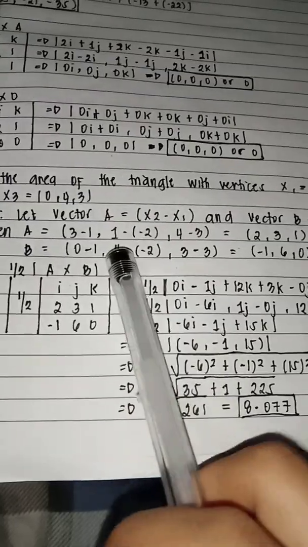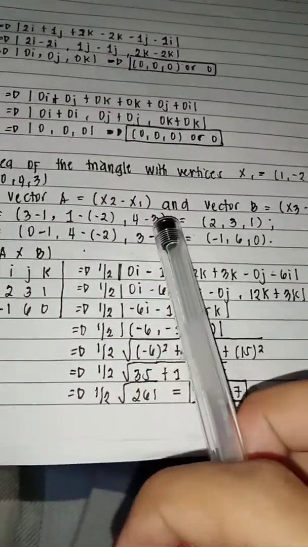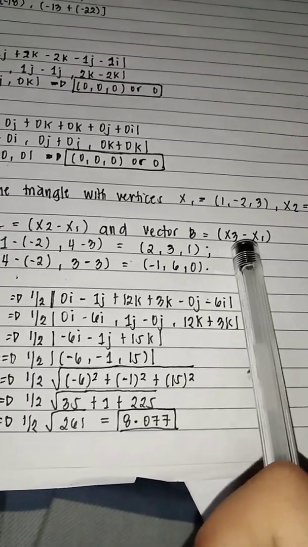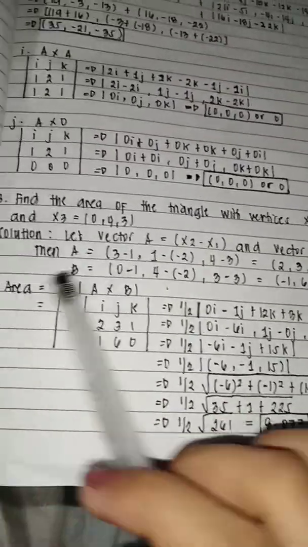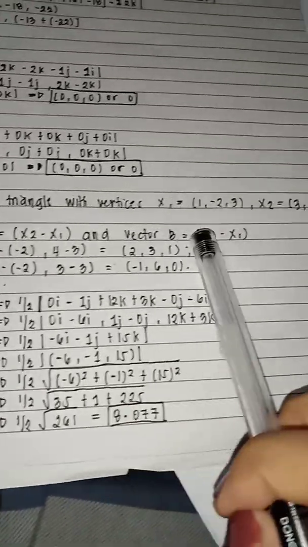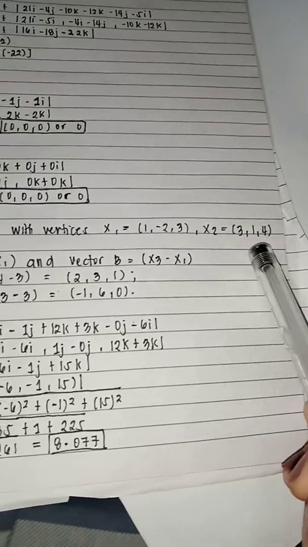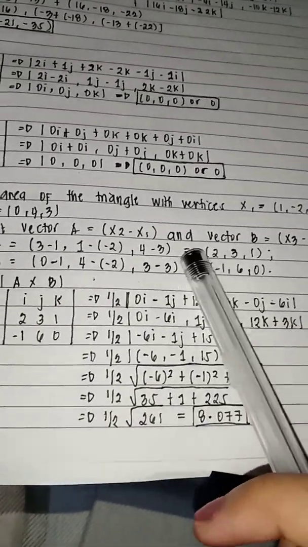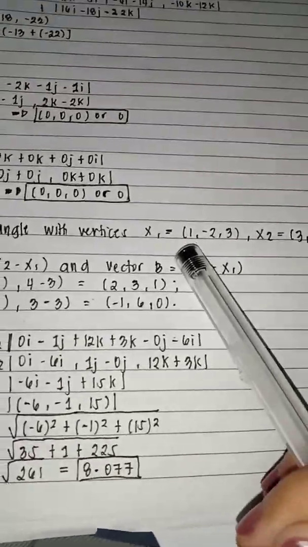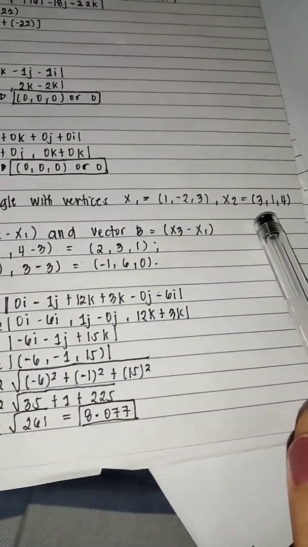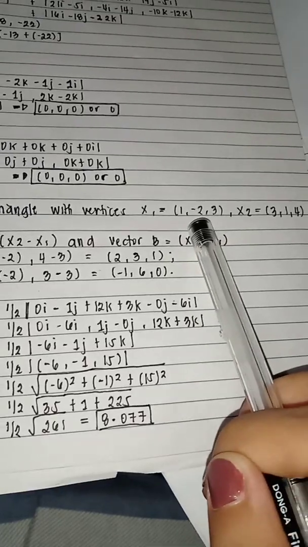let vector A be x sub 2 minus x sub 1, and let vector B be x sub 3 minus x sub 1. Since our value of x sub 2 is 3, 1, 4, we will subtract the value of x sub 1, which is 1, negative 2, 3.